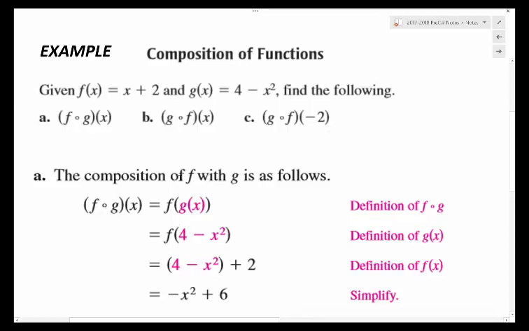So because I have the composition of f with g in the first one, I'm plugging g into f. So everywhere I have an x in the f of x equation, I just simply plug in the equation of g. So instead of f of x equals x plus 2, I now take 4 minus x squared and plug it into that equation.